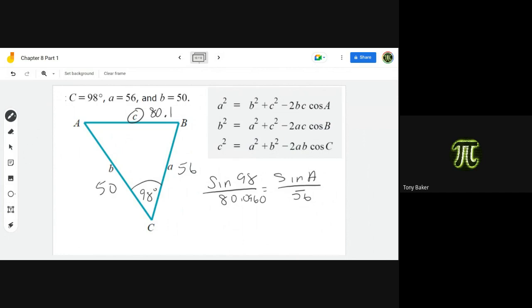So yeah, you only want to use the law of cosines once, and then you've got your fix. Makes life a lot easier.